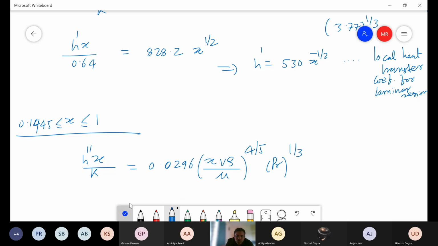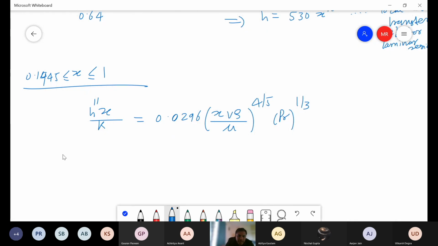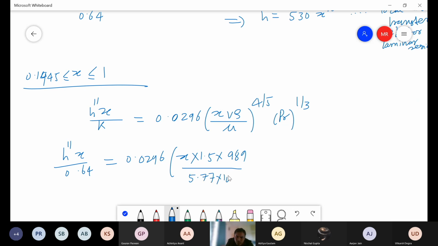So again, we can put all the values here. We will have h'' x divided by 0.64 as it is, equal to 0.0296 times x into V is 1.5, rho is 989, divided by 5.77 into 10 raised to the power minus 4, all raised to the power 4/5.